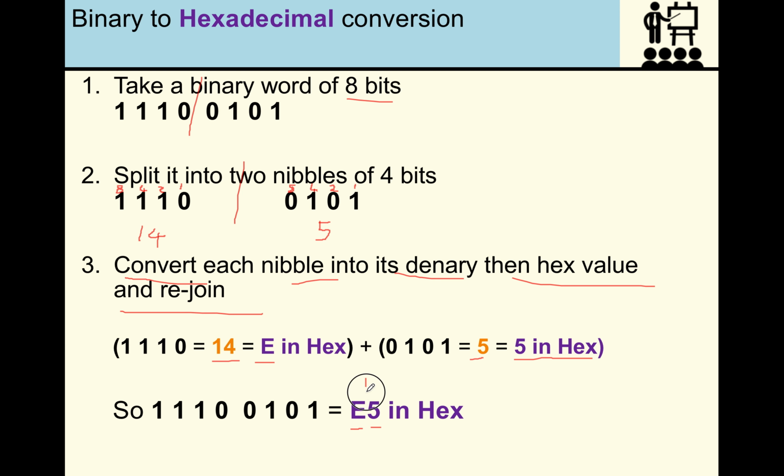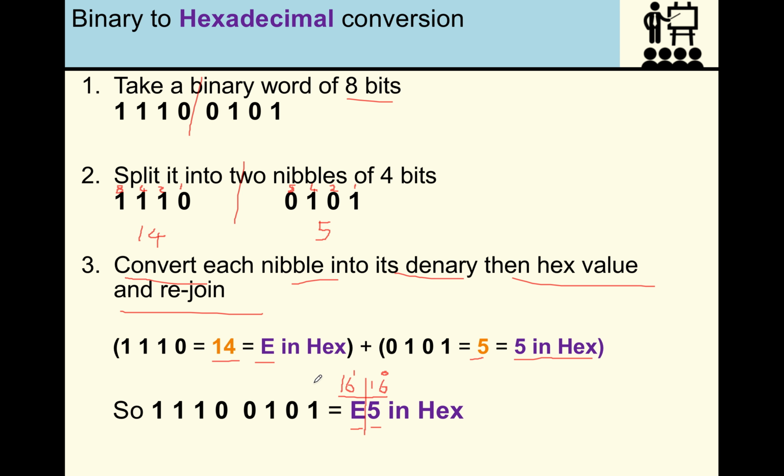Now, if you want to double check that this was correct, then go ahead and convert it back into denary. And you might find that this way actually takes a little bit longer than converting it from binary. So E, you would do times 16, so 14 times 16 plus 5.